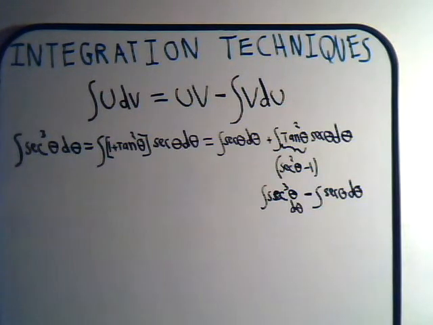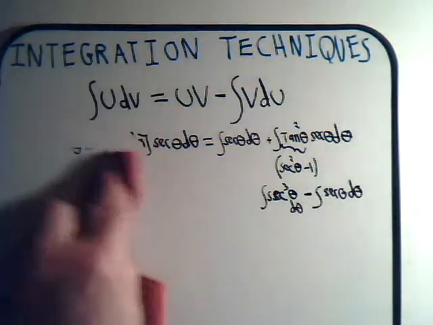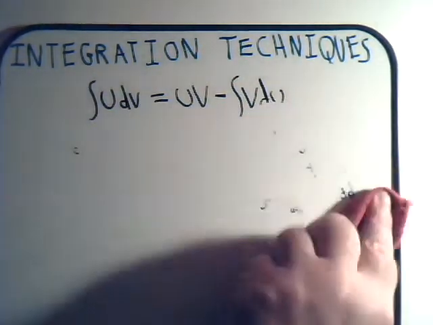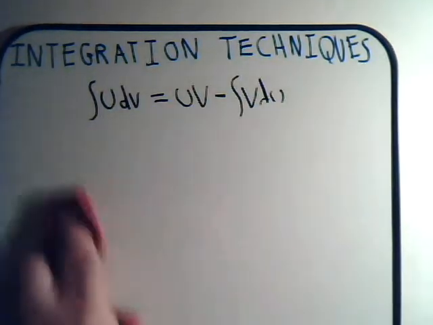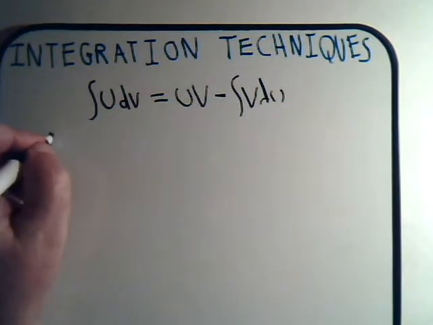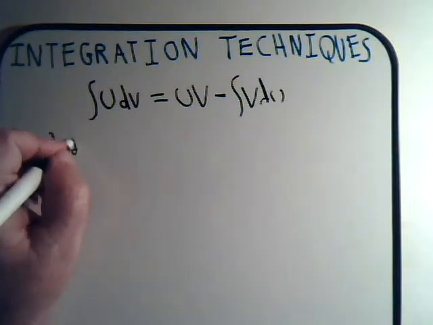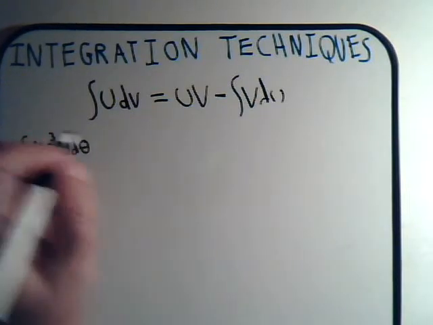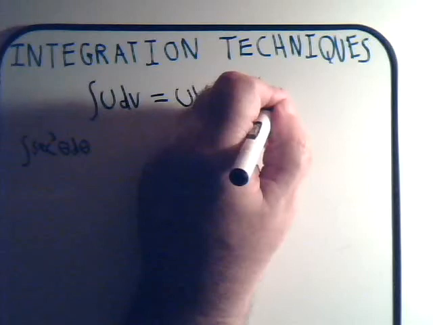So it looks like this isn't going to work, and no u/du substitution seems to help us out. So let's go back to where we started. Integral of secant cubed of theta d theta, and try using our integration by parts method.